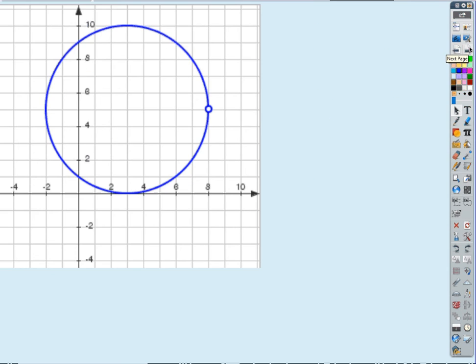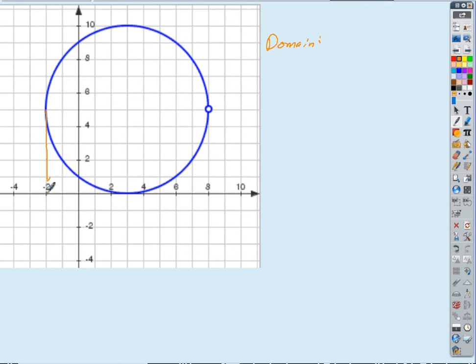What about this guy, domain? So the domain, x's or y's? X's. Okay, Kaylee, is there a bottom x value on this function? Well, it's hard to see, but it looks like, if I go straight down, -2?